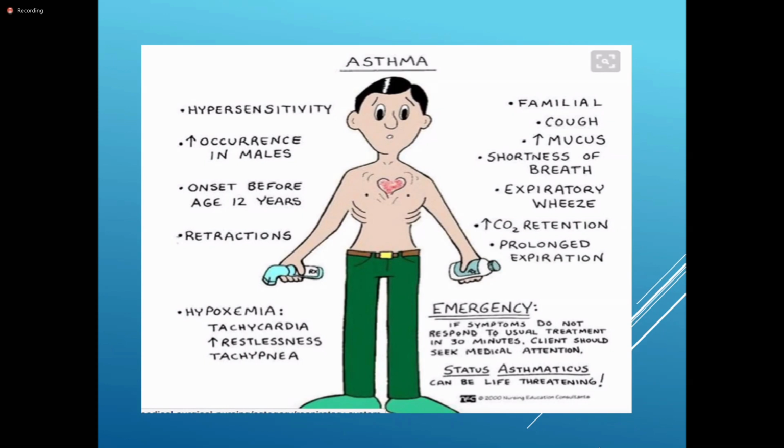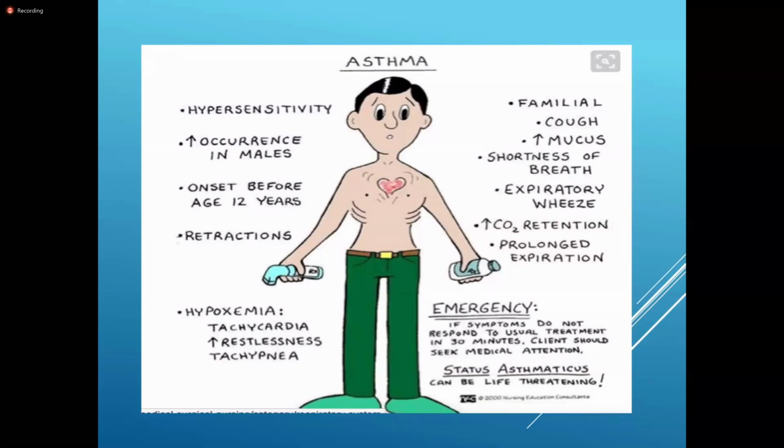They have an expiratory wheeze. The CO2 builds up in their lungs, and their body is trying to get rid of it. So the expiration phase is longer because your body's telling you get rid of all the extra CO2 that might have built up. So here's the other things. Increased occurrence in males and frequent onset before the age of 12. Most of the time, most asthma patients have had some incidence of it in their childhood years.